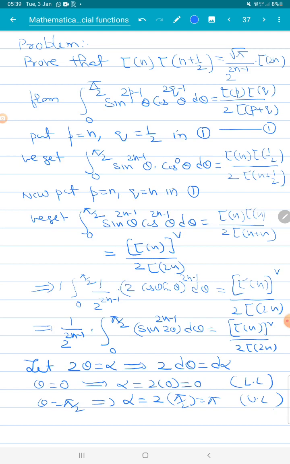But when we put the value p is equal to n and q is equal to 1 by 2 in 1, then we get integration 0 to pi of sine to the power 2n minus 1 theta is equal to gamma n, gamma of 1 by 2 into 2 gamma of n plus half. So I will substitute this value.